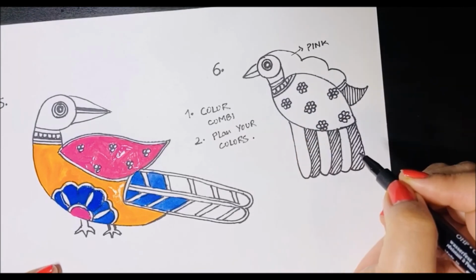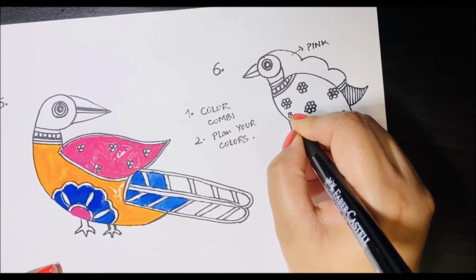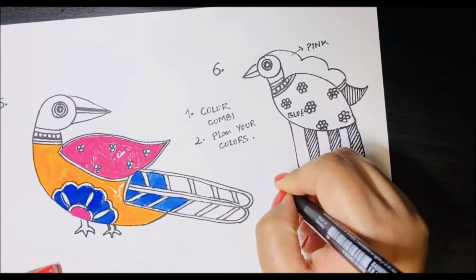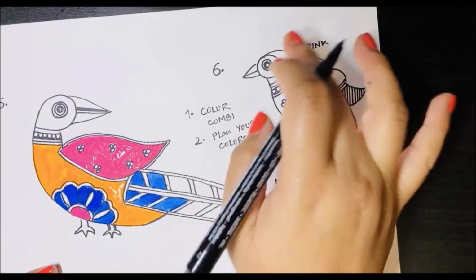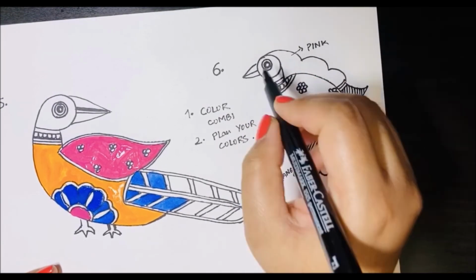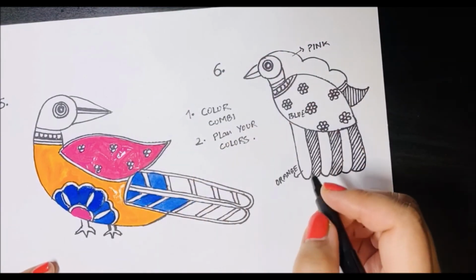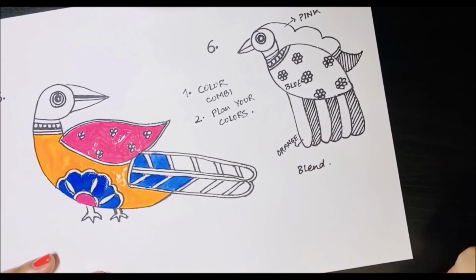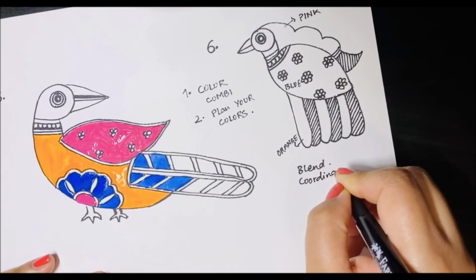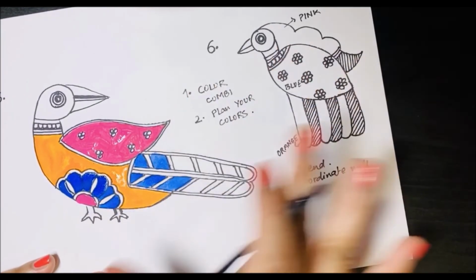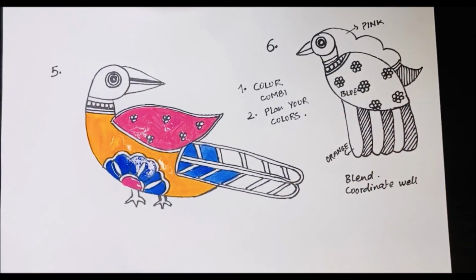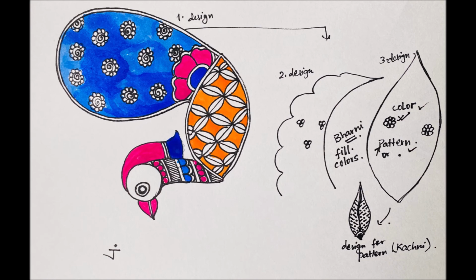Now for the body, it doesn't have to be pink again. I will put blue, a contrasting color. And then for the tail, orange. I always do the same for any painting that I make. Always plan the colors in advance and always know the color combinations, so that it blends and coordinates well once the whole painting is made. So these are the coloring tips that I can give you.